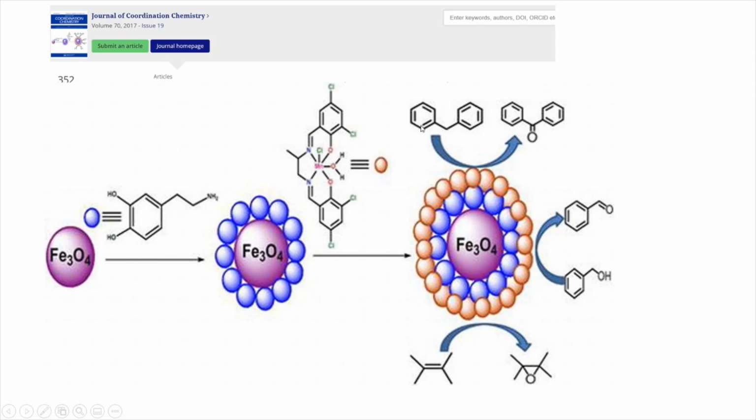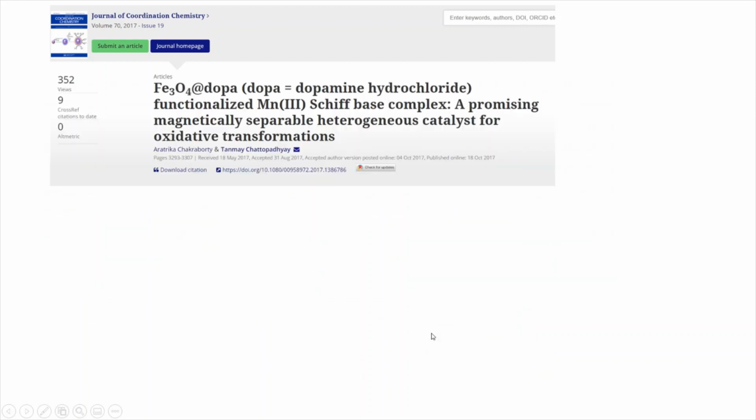And by doing this, the nanoparticle can easily oxidize molecules. Suppose you have a diphenylmethane compound going to benzophenone, where a carbonyl group is attached, and alcohol to aldehyde, and also alkene to epoxide. So if you want to read this paper, you can go through it.